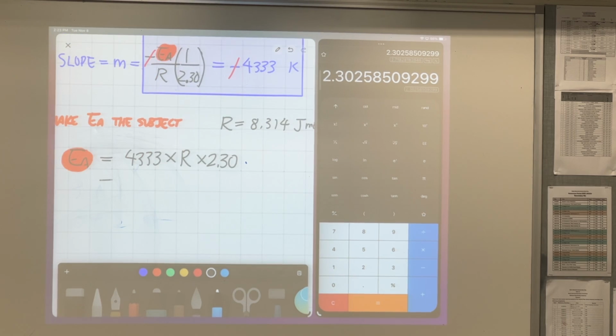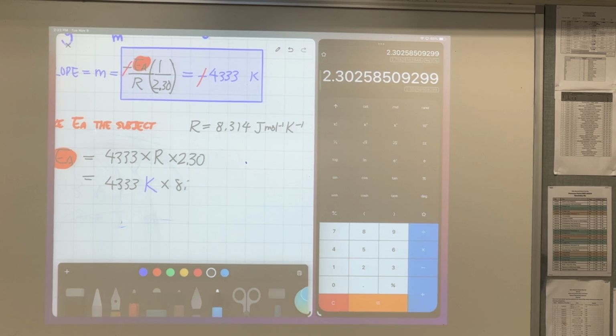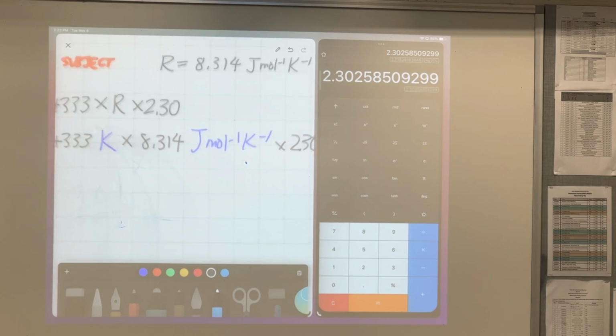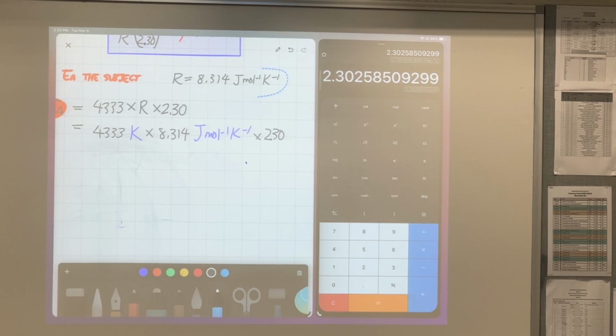So when you type this onto your calculator, 4333 Kelvin times R. R has the unit joule per mole per Kelvin. And then you multiply by 2.30. Can you tell me what will be your final unit? Joule per mole, because the Kelvin and the per Kelvin got cancelled out, leaving behind joule per mole.